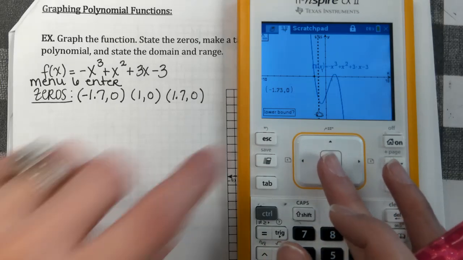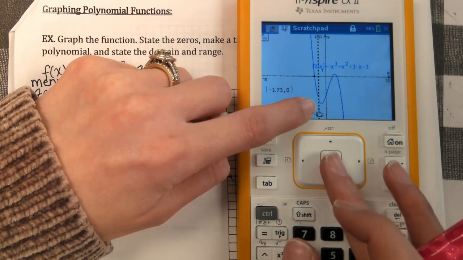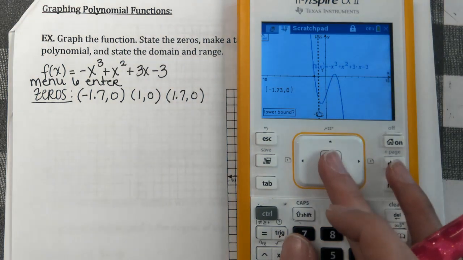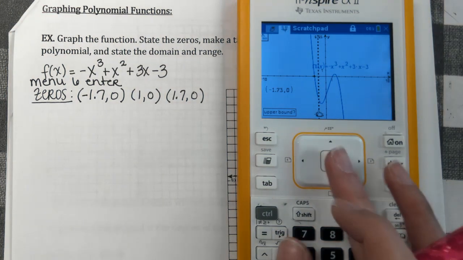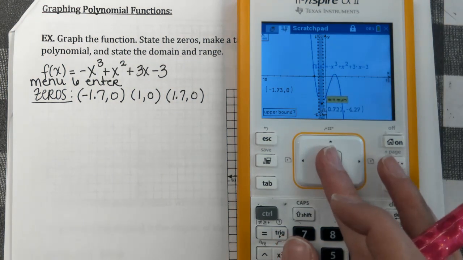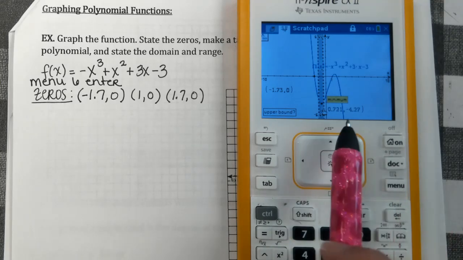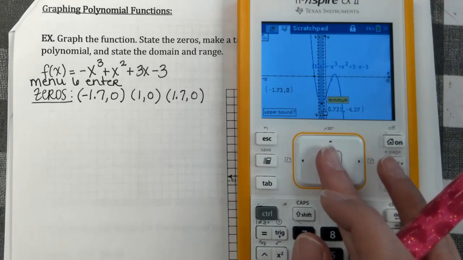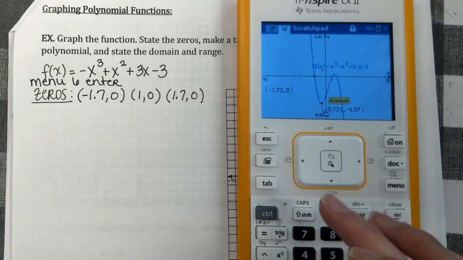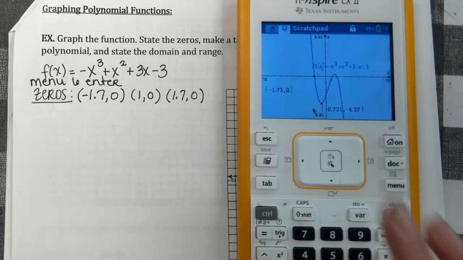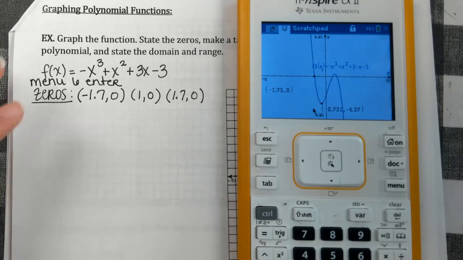So I'm going to move that dashed line to the left of that little minimum curve, press the center button, and drag it until the point on that minimum pops up. Press the center button. Do you get the same point? Okay. What's my minimum?